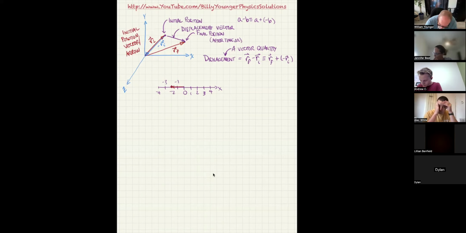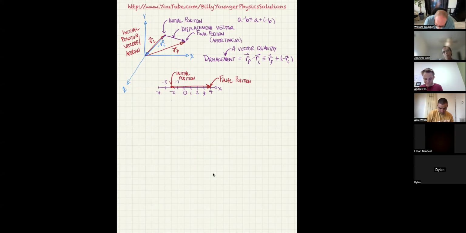And then you could have a position vector as if this is the initial position. And then you could have another position vector as if this is the final position. And we just learned that we do the backwards of the initial one.